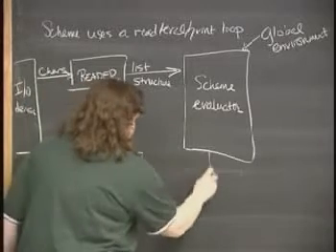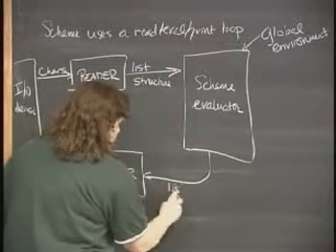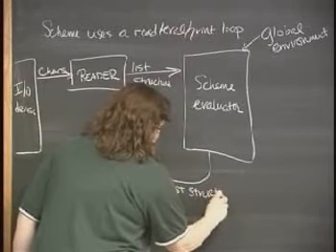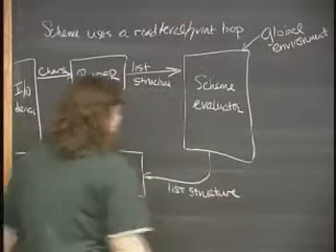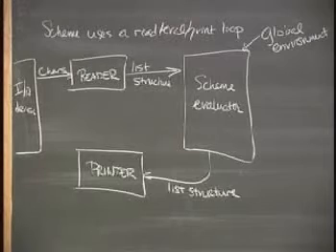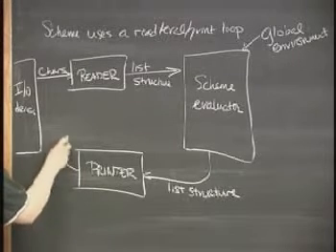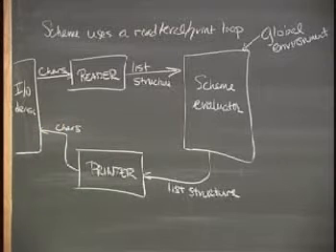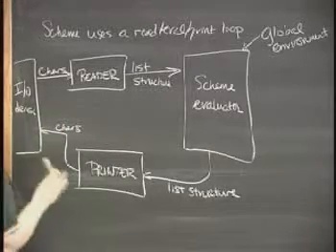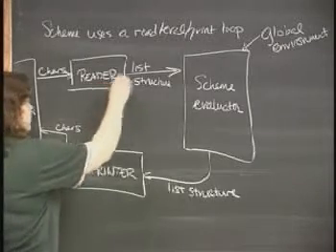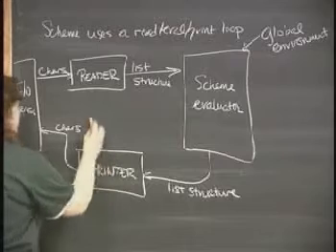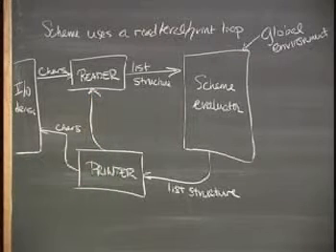The Scheme evaluator is spitting out list structure to be used by the printer. And the printer sends characters back to our I/O device. So this is what Scheme's doing. It's reading something in, it's evaluating it, it's printing it back out, and then it goes back and waits to read the next expression.